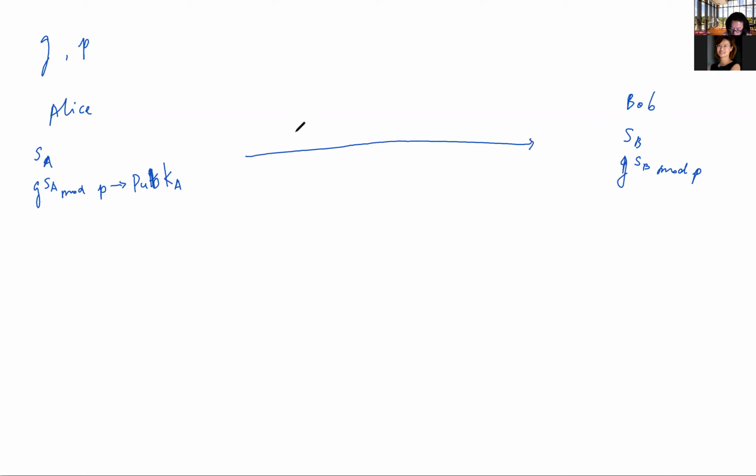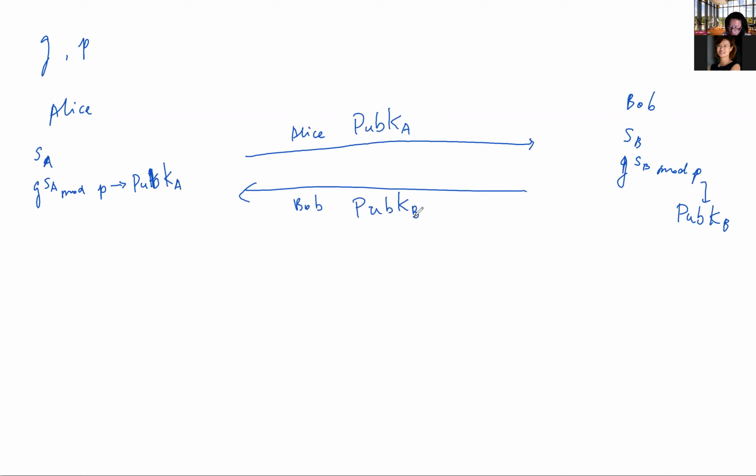So this is the public key of Alice, and you send it to Bob, you say, hey, I'm Alice, this is my public key. And then similarly, this is the key of Bob, and you say, oh, I'm Bob, this is my public key.